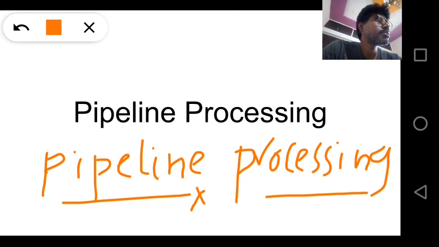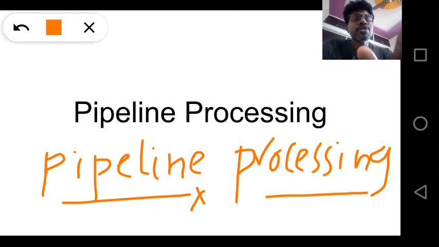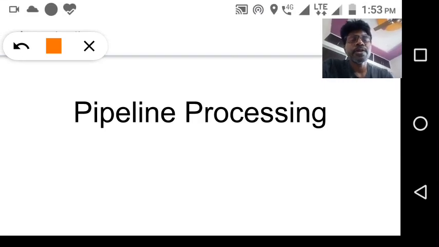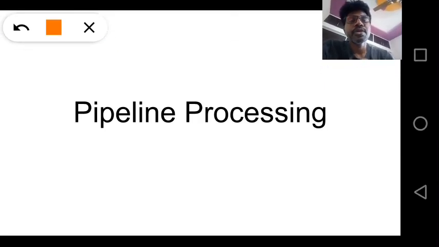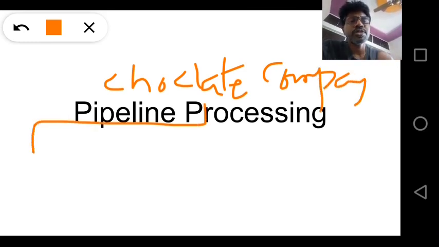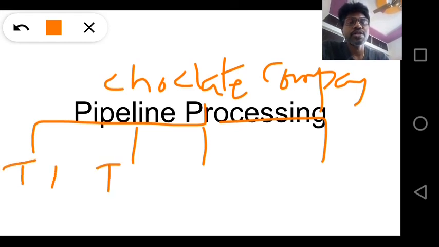You might have seen in many industries or companies, let's assume some chocolate manufacturing company, whose work is divided into four tasks: task 1, task 2, task 3 and task 4.